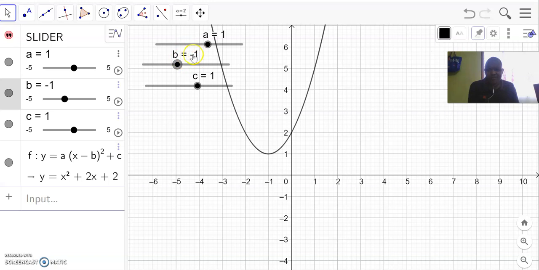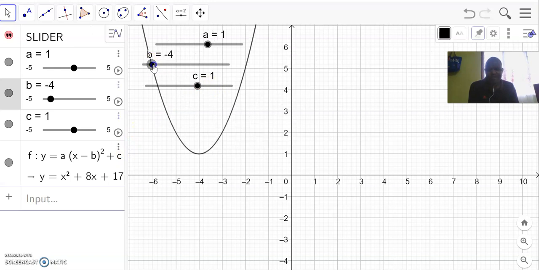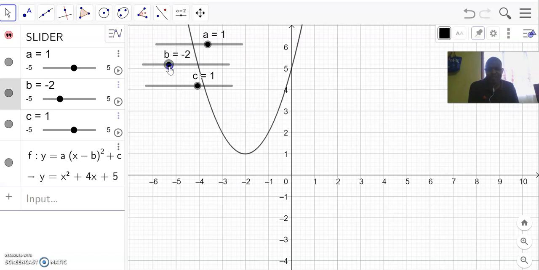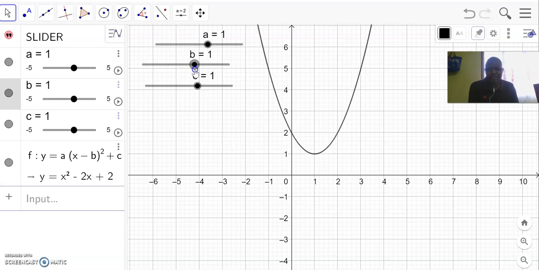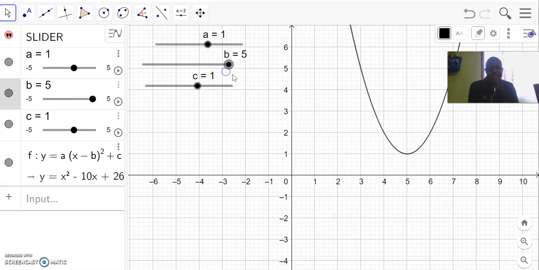You can see that B is equals to negative 1, and the value of x here is negative 1. What is the value of y at this point? Y remains to be 1. So as you move, what happens? What type of transformation is this when we affect the value of B? That is where discovery is. Engage the learners, let them explore.